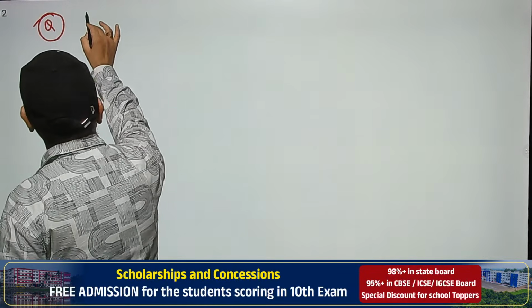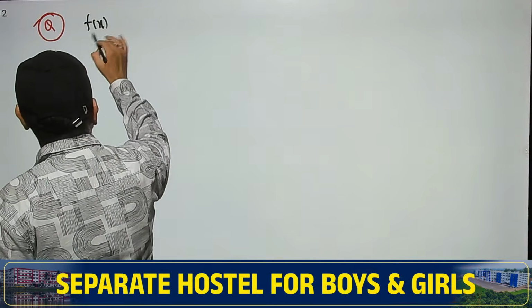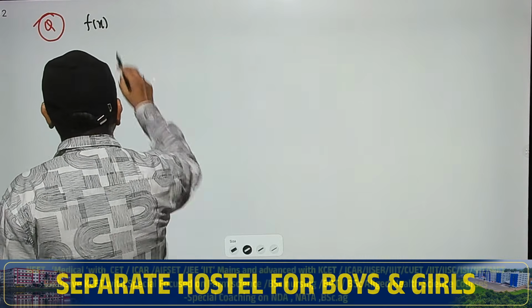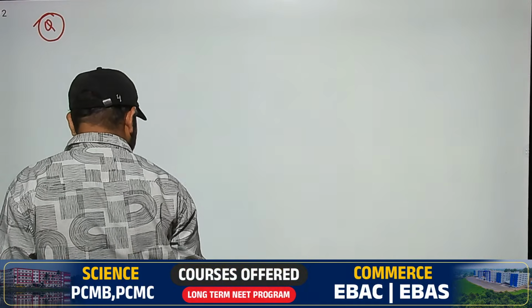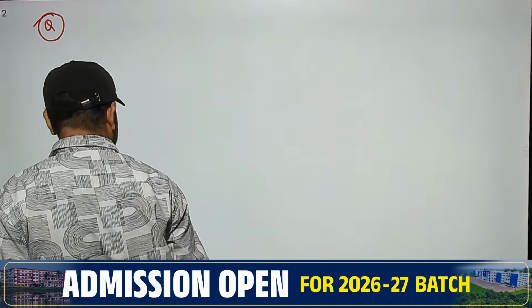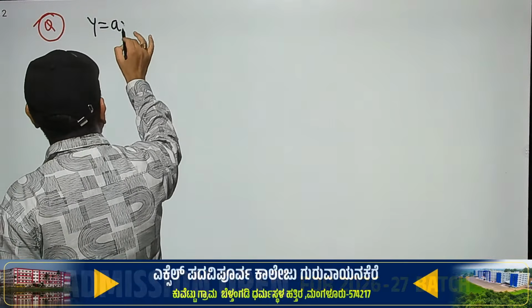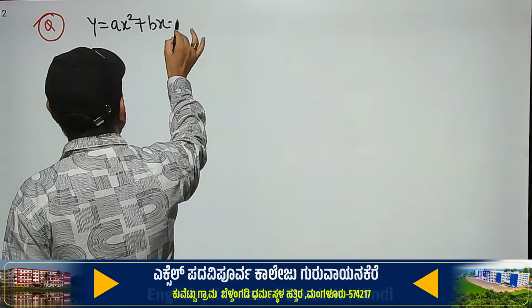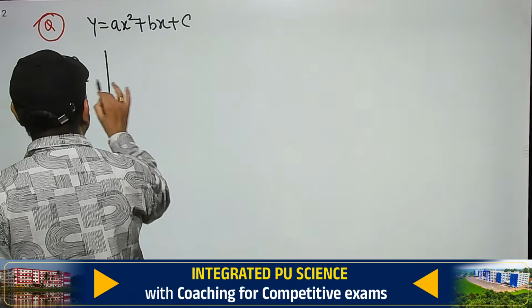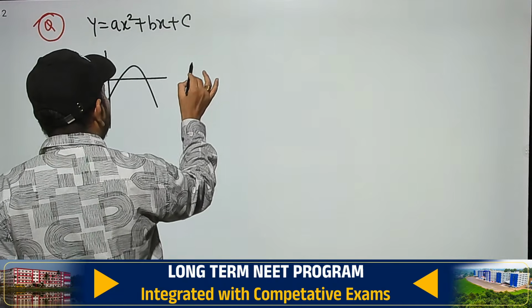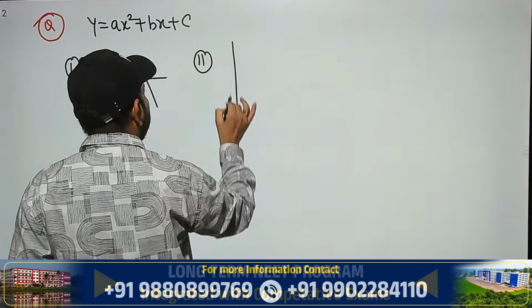Now if I give different graphs, let's suppose f of x is equal to, or y is equal to, ax square plus bx plus c. Now I am giving the graphs. The first graph looks like this. The second graph looks like this.